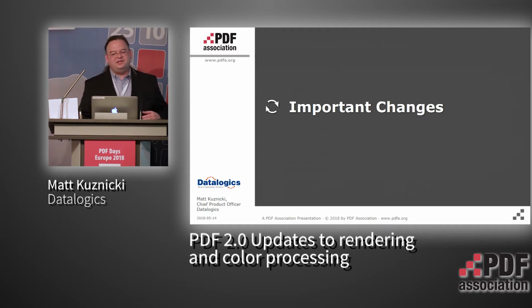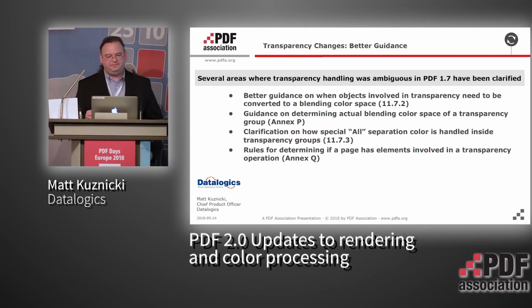Couple of important additions. There are more important changes and modifications to the specification than there are new features. A few of the most important ones, probably the most important one, is better guidance for transparency rendering.